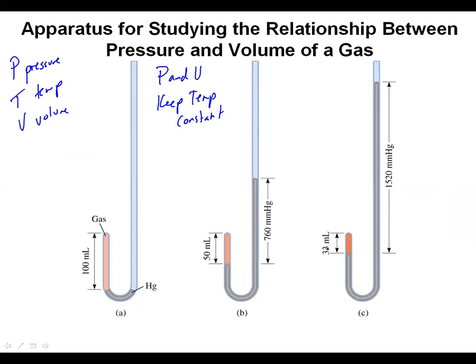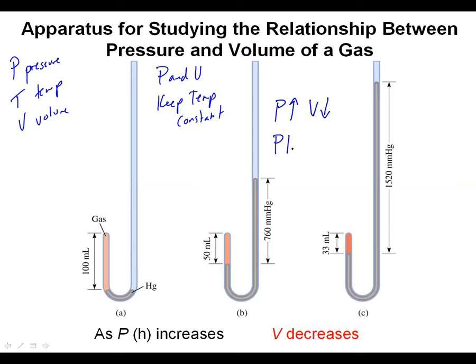If we drop the volume even more, we will see the pressure continue to rise. So in terms of the pressure volume relationship, as the pressure goes up, the volume goes down, and vice versa. As the pressure goes down, the volume will go up.